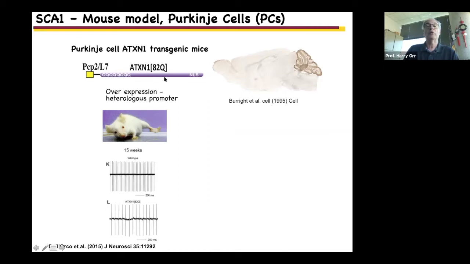In this case, I'm showing you the results when we expressed ataxin-1 with 82 glutamines. This shows the ability of this regulatory region to target the Purkinje cells specifically. These mice develop ataxia. More recently, it's been shown that Purkinje cells of these mice show a very classic reduction in the rate of their spontaneous firing.